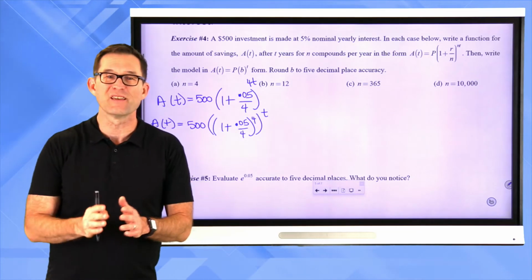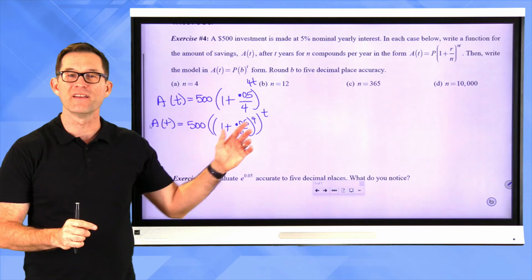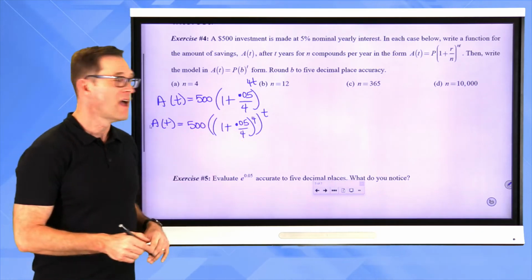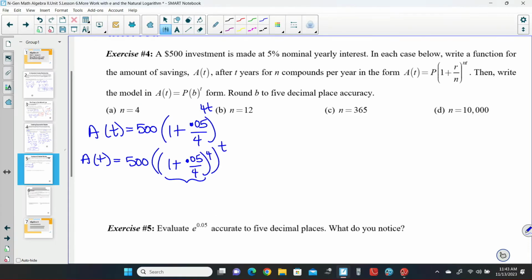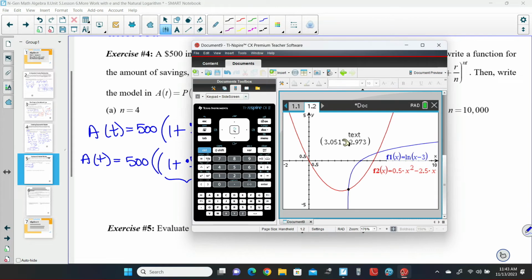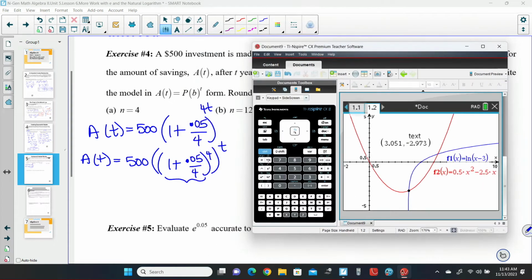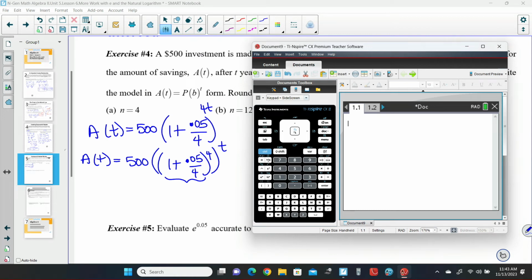I'm just separating that product exponent and bringing the 4 inside. And now I just want to take my calculator and figure out what that is. We're going to figure it out to 5 decimal place accuracy, which, yes, I realize it's a lot, but whatever. So I've got 1 plus, I'm going to use the fraction 0.05 divided by 4, raised to the 4th.